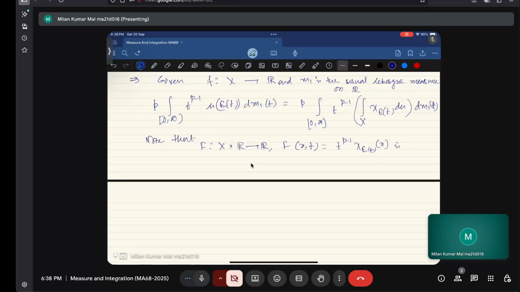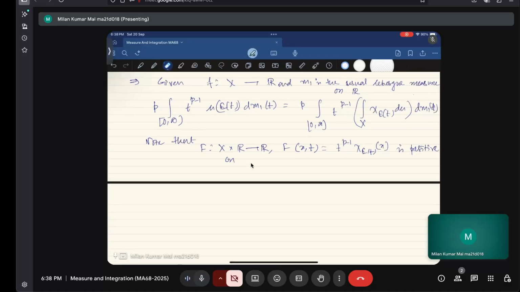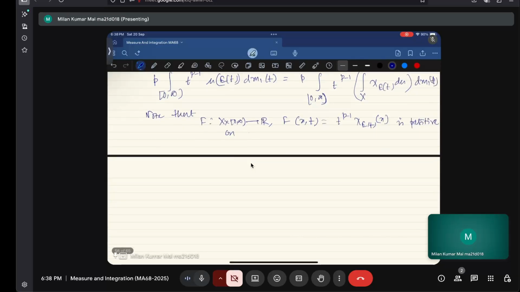This is a positive function, this is actually on 0 to infinity. So this is positive on X times 0 to infinity.